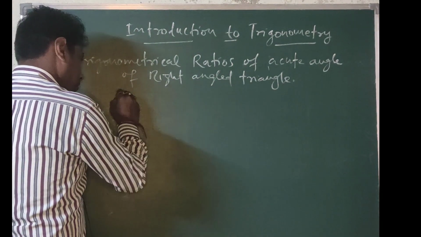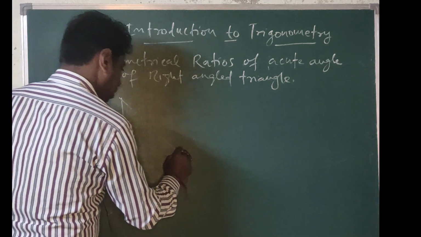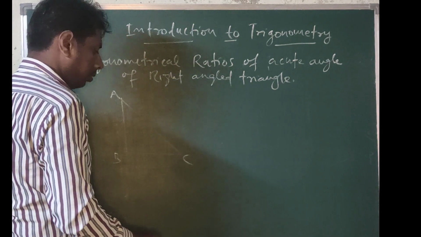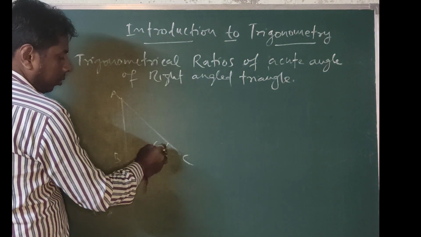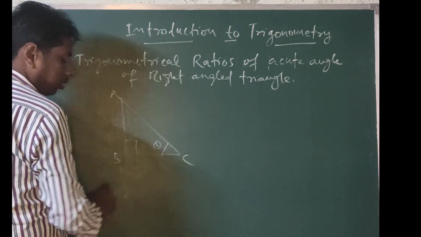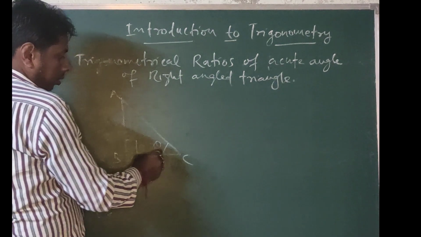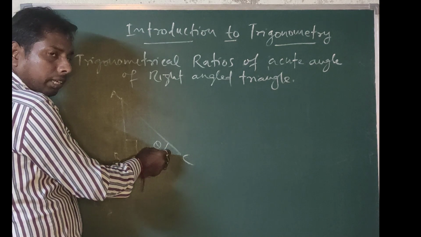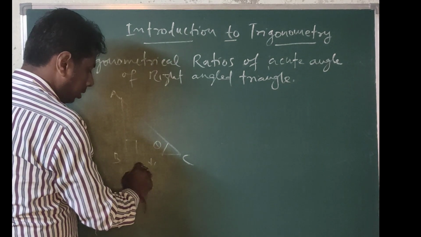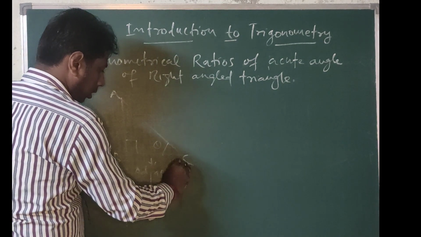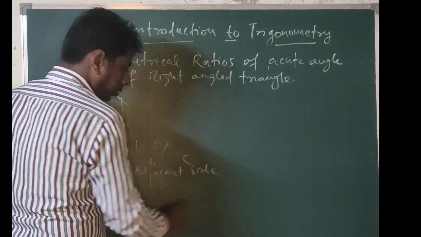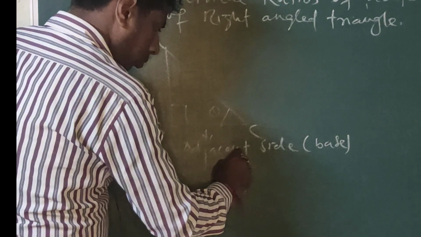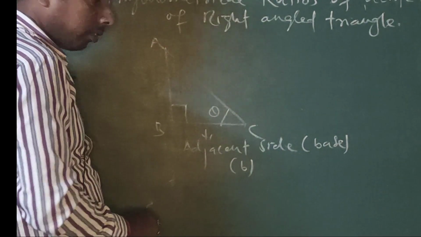Suppose this is a right angle triangle, A, B and C. This is the acute angle, and this is the right angle. The side which is associated with the angle is called the adjacent side. This is also known as the base and it is denoted by a small b.